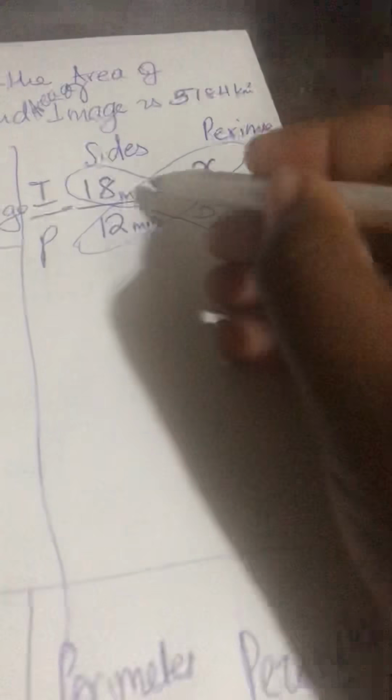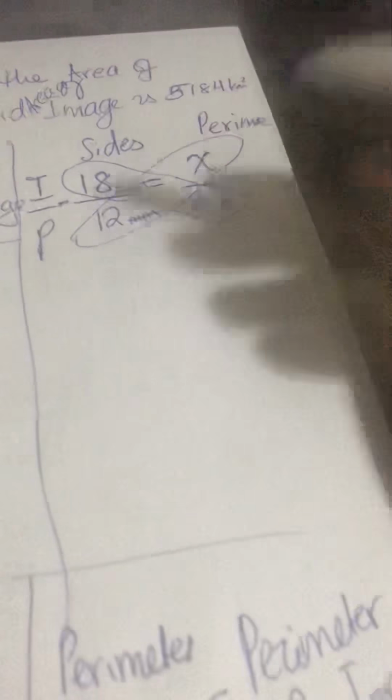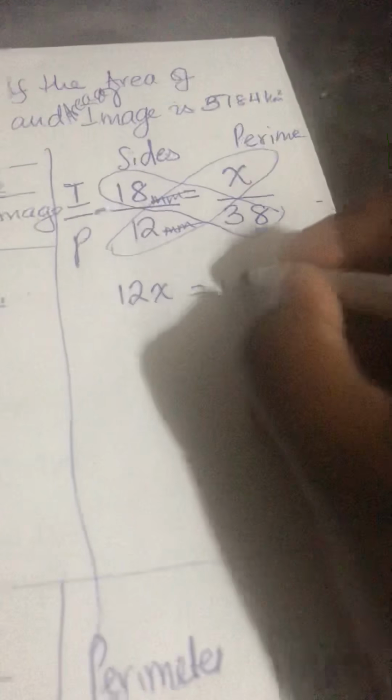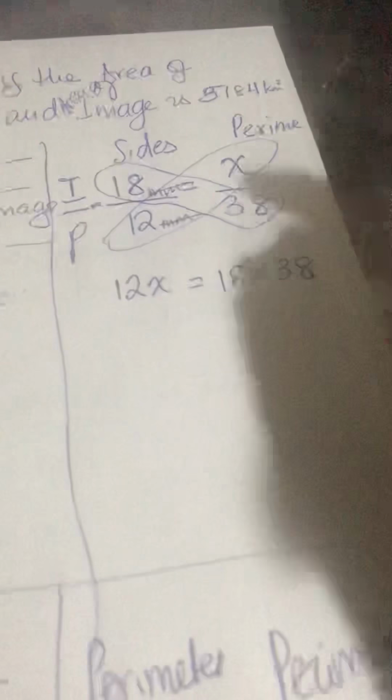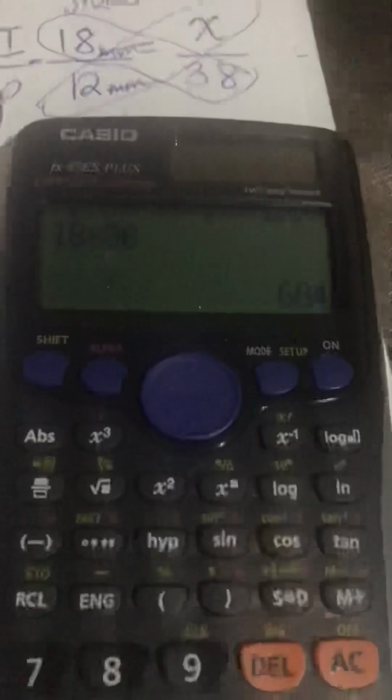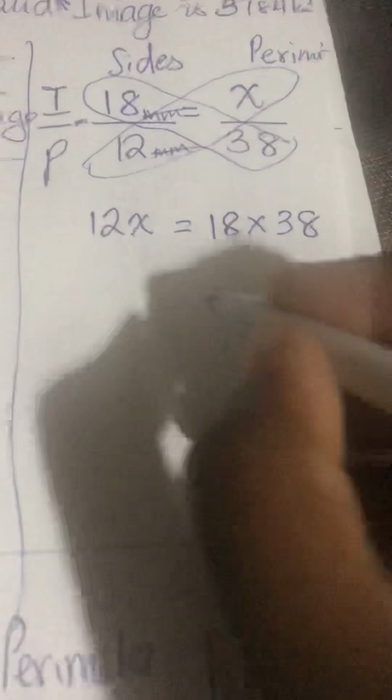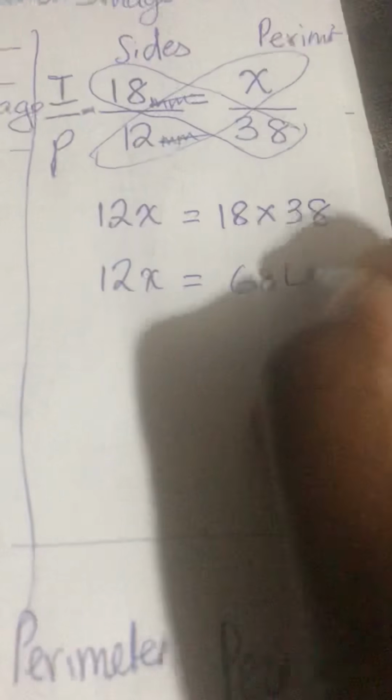Okay, there are units here. But the units don't matter because they cross out. See, this unit and this unit go away. I don't need it. So now I will do 12 multiplied by x equals 18 multiplied by 38. So let's do that. 18 multiplied by 38 gives me 684. So 12x equals 684. Divide by 12, divide by 12.